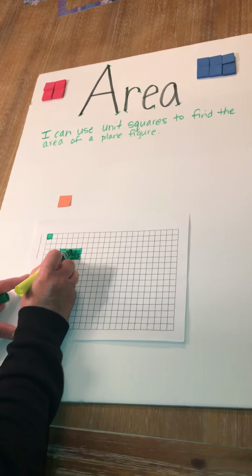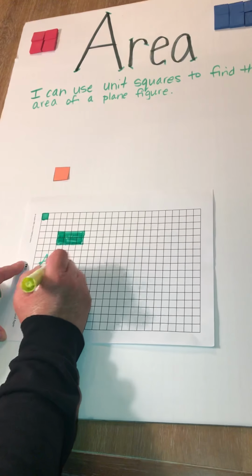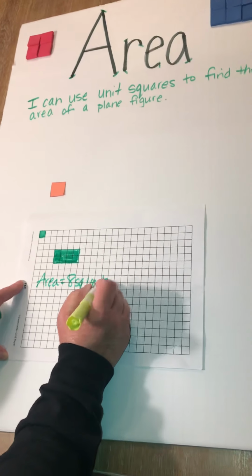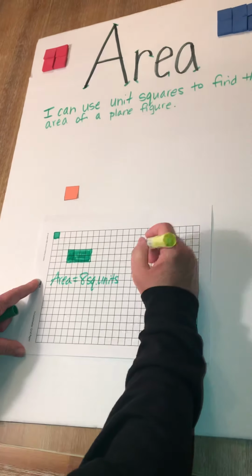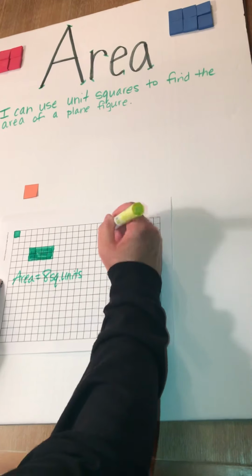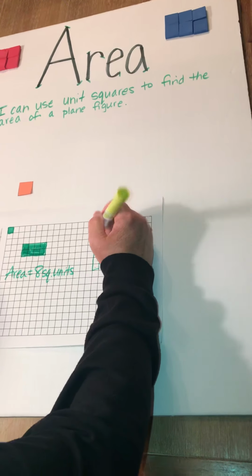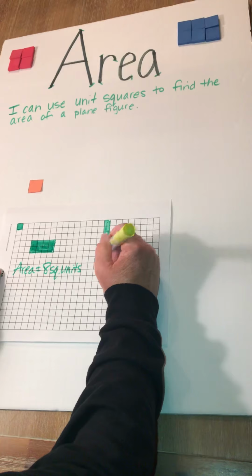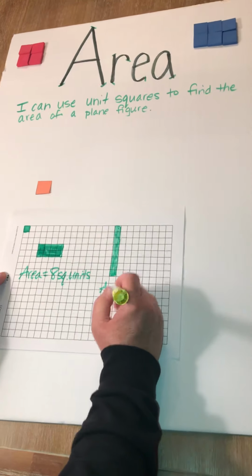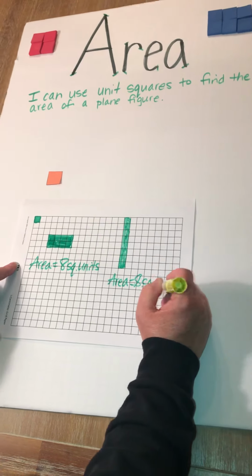I have 1, 2, 3, 4, 5, 6, 7, 8. The area of this shape is 8 square units. 8 square units can look like this. 1, 2, 3, 4, 5, 6, 7, 8. Again, we have the same area, 8 square units, but we have different figures, different shapes.